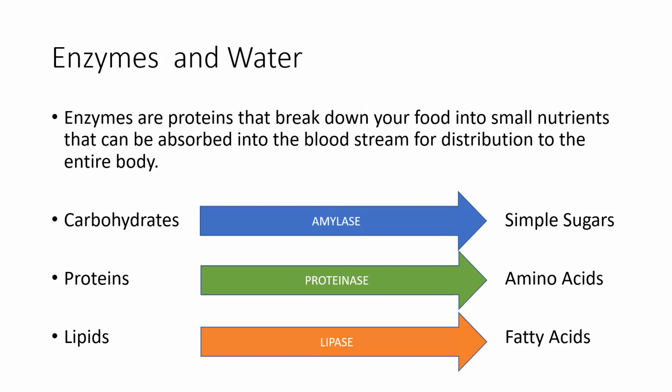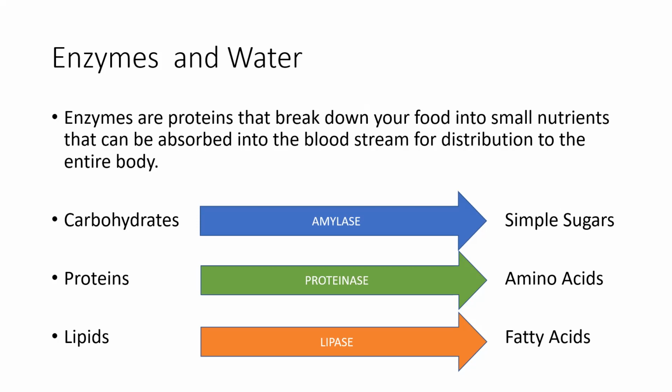And we have enzymes, which are little proteins, that are going to break down your food into the small nutrients that can be absorbed in the bloodstream. So for carbohydrates, in general, that enzyme is called amylase, which breaks a carbohydrate into simple sugars. For proteins, it's a proteinase, which breaks proteins into their building blocks, amino acids. And lipids are going to be digested by lipase, which is going to break lipids into fatty acids.